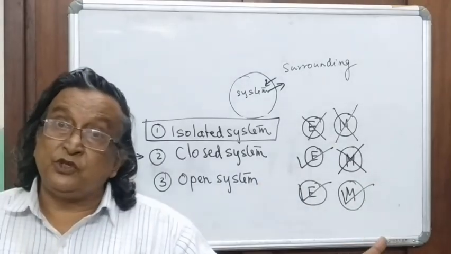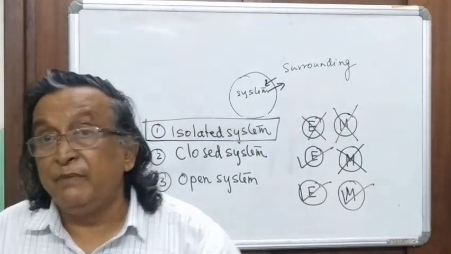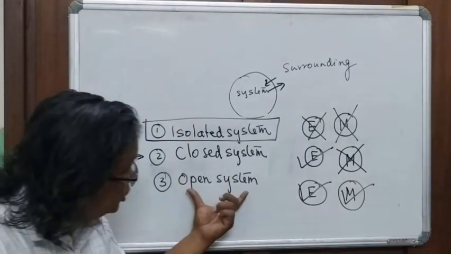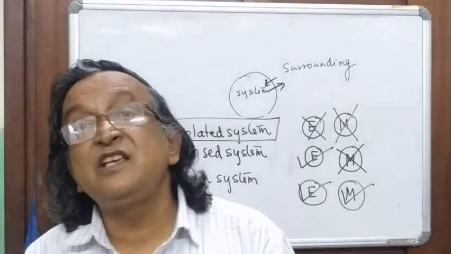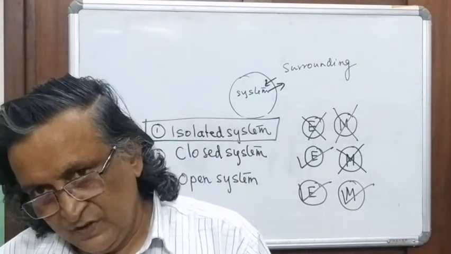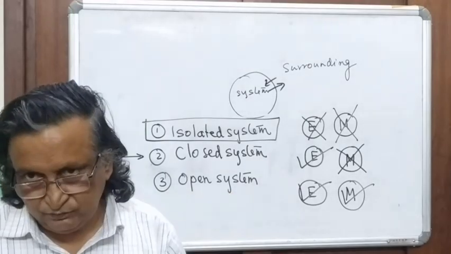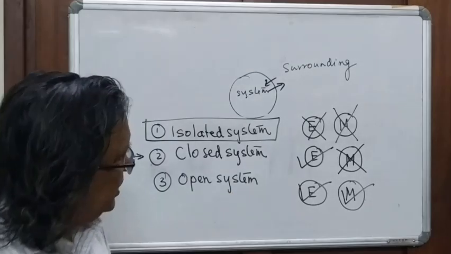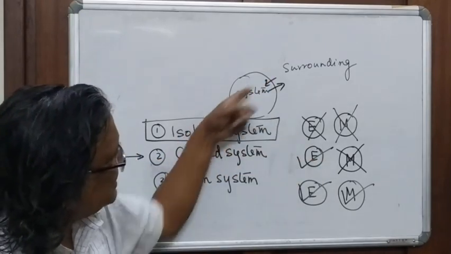Some elements are not interacting, some elements are interacting, and it becomes a very, very complex system. This open system is given another name called metasomatism.